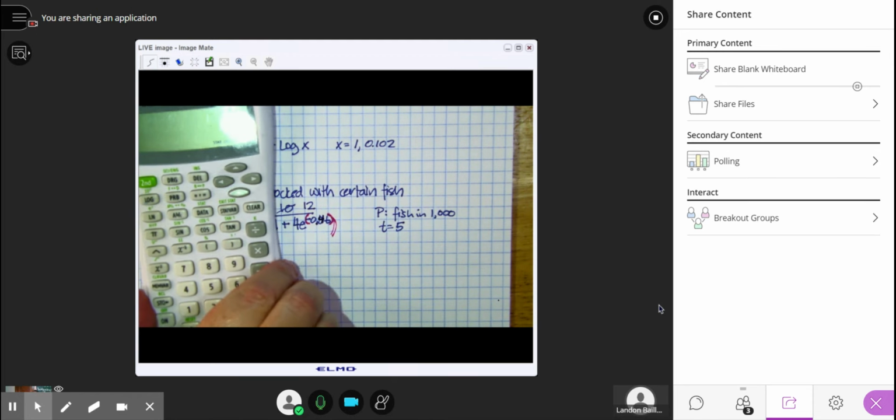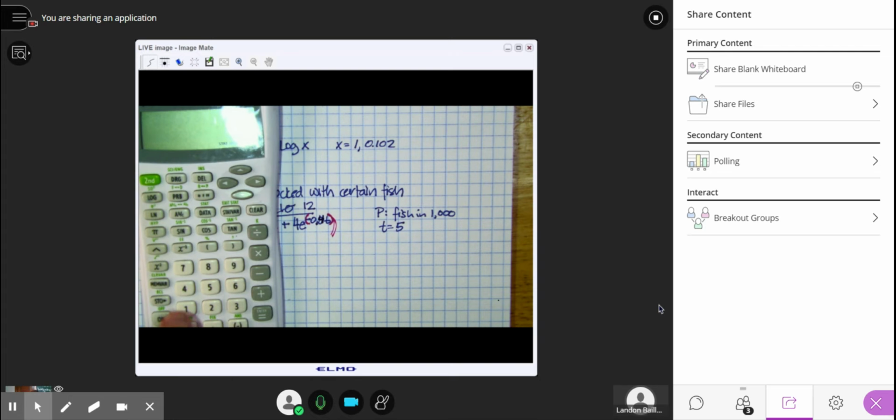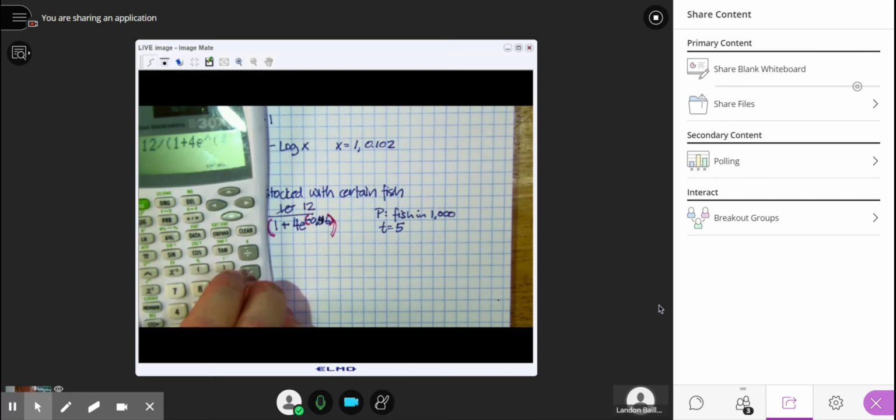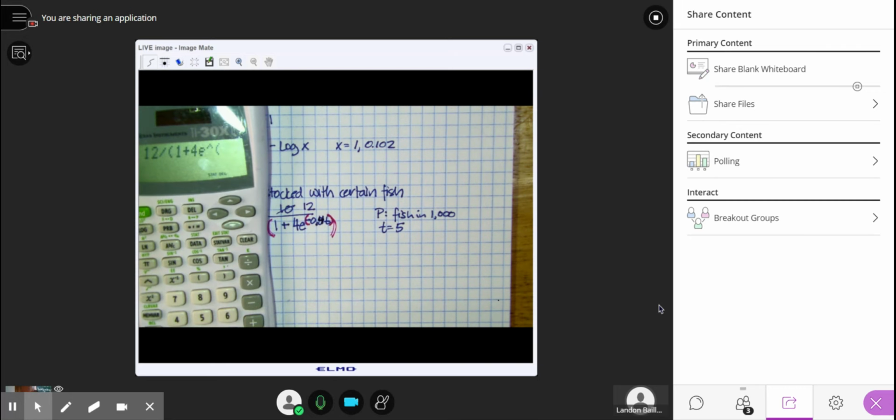Okay, so when I type that in, I'm going to do 12 divided by parentheses 1 plus 4e to the, sorry for the glare, whoops, it's a negative 0.4 times 5. And then I'm going to do another set of parentheses again.